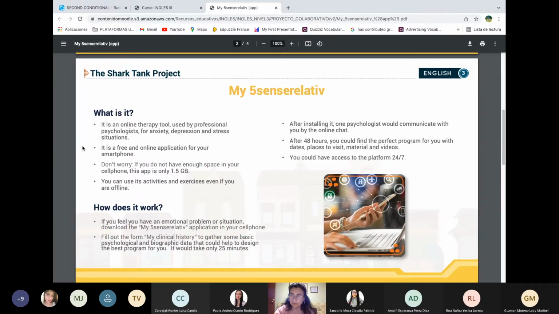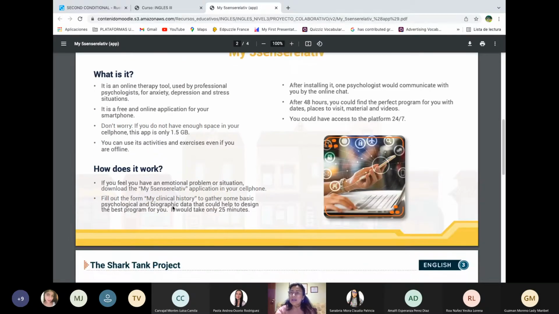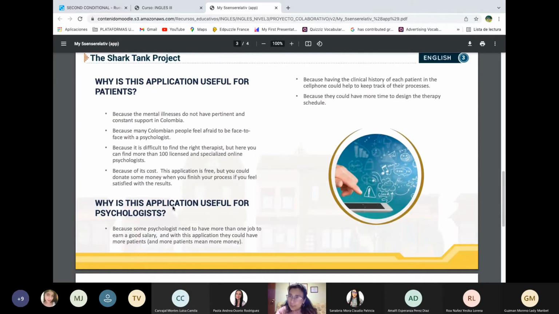Number 1, what is it? Entonces, ¿en qué consiste ese proyecto que tú estás haciendo? How does it work? ¿Cómo hace para que funcione, para que trabaje? Why is this application useful for patients?